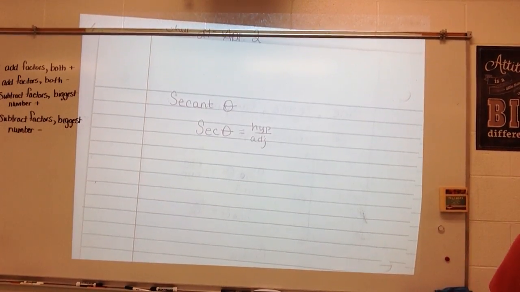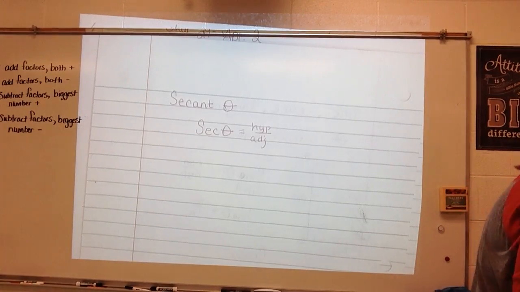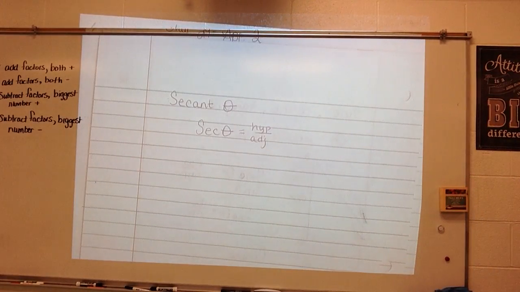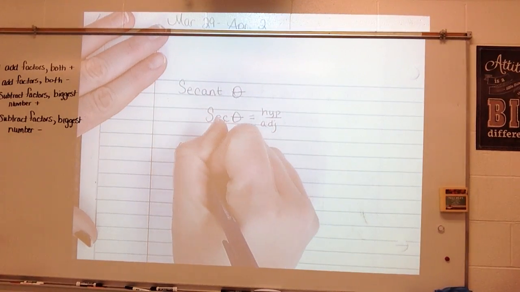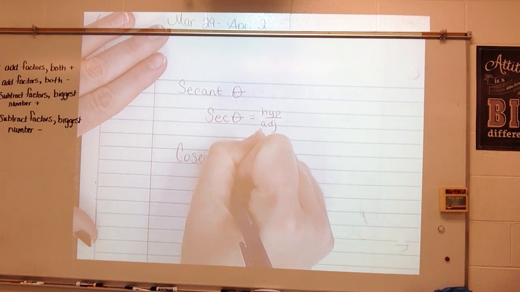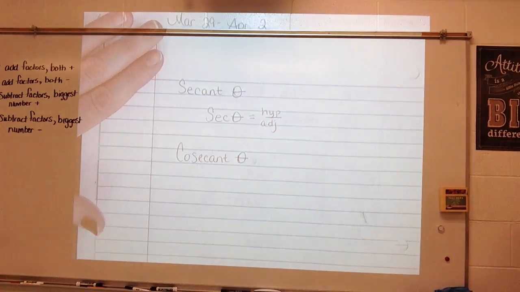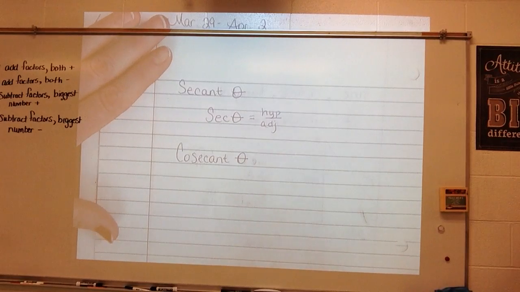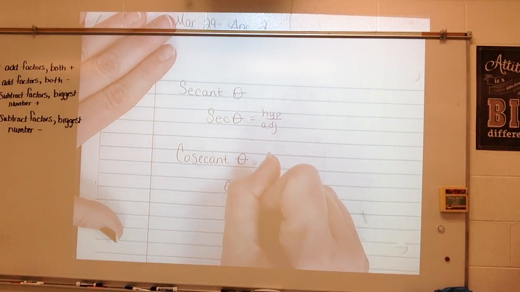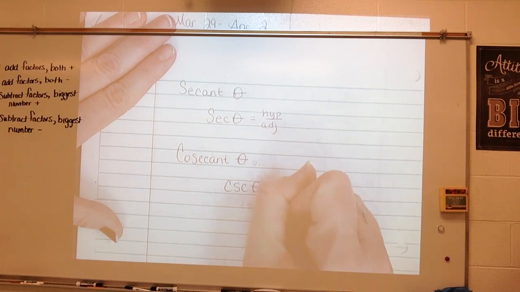All right? So here's my secant. We also have what we call our cosecant. The cosecant of our angle. So we would write it like this, CSC of our angle.